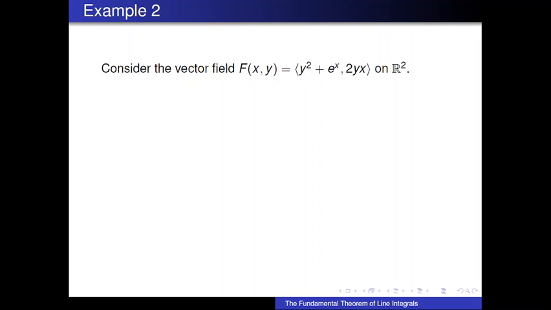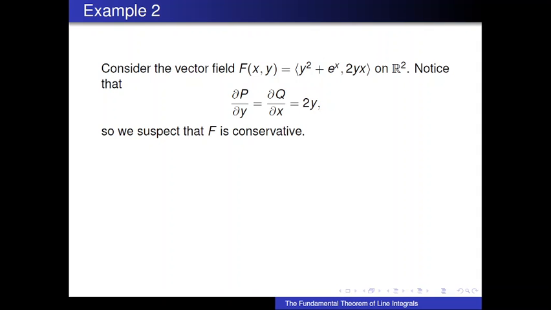We'll consider the vector field big F of x, y, which in the first component equals y squared plus e to the x, and in the second component equals 2 times y times x. Let's notice that if we try to show that this is not conservative, we don't really get off the ground.